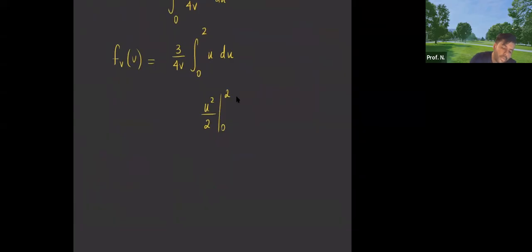When we plug that in, we get 2. So this whole thing is equal to 2 times 3 over 4v, so this becomes 6 over 4v, because this equals 2 when you plug in 2. And so this becomes 3 over 2v. This becomes f of v.